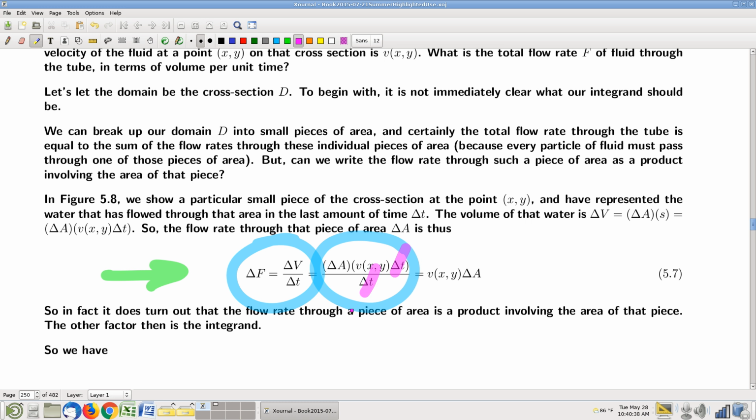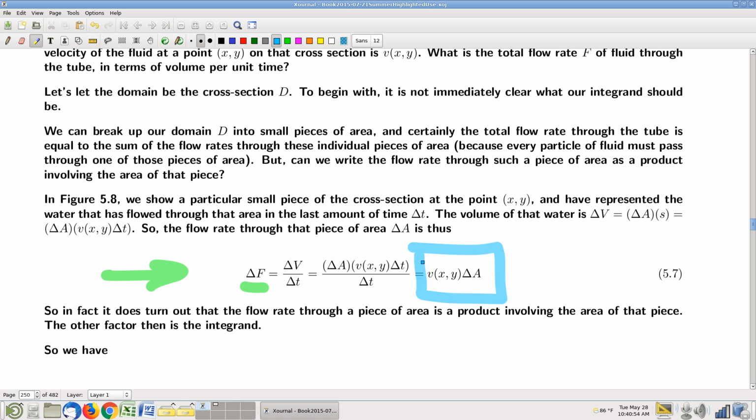And what I'm left with after a non-trivial little geometric physical argument, you might even say unexpectedly, is that the flow rate is this expression here, and notice it is a function times area.